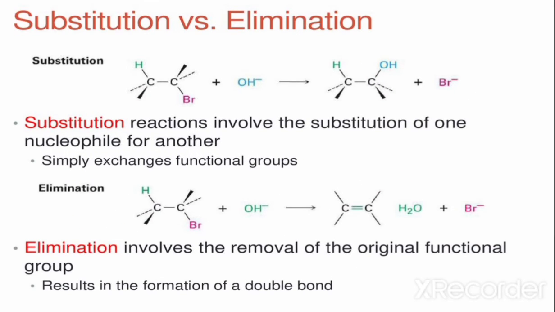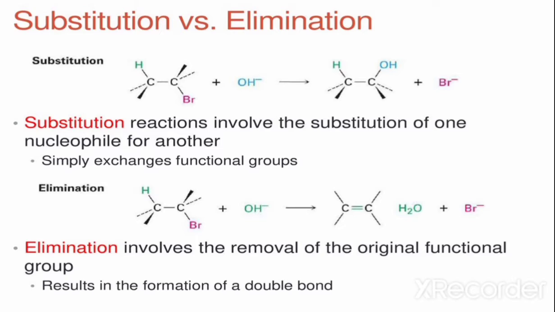The next is the difference between the substitution and elimination reactions. Substitution reactions involve the substitution of one nucleophile for another, simply the exchange of a functional group. When a nucleophile attacks, it will replace the other nucleophile that is weaker than itself.